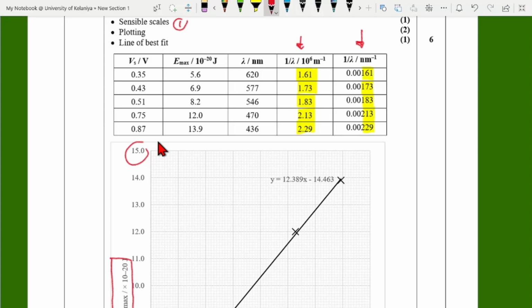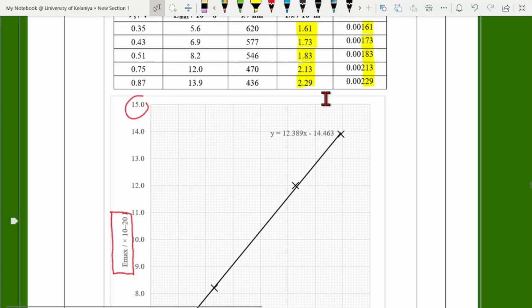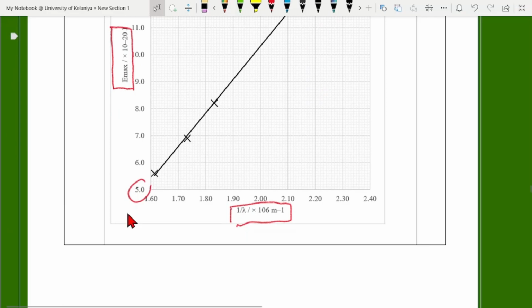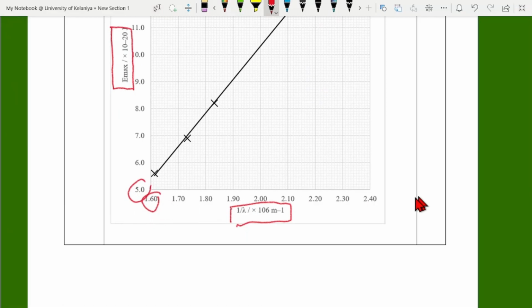Then what about lambda? It is 1.61, and starting from 1.5 if we take it, it goes to 2.29. Here they have taken it as 1.6, and this here it is 2.40. What you can do, when I was a kid, I used to find the range and count the number of squares. Normally they will give the same graph paper, so you don't need to worry about that.